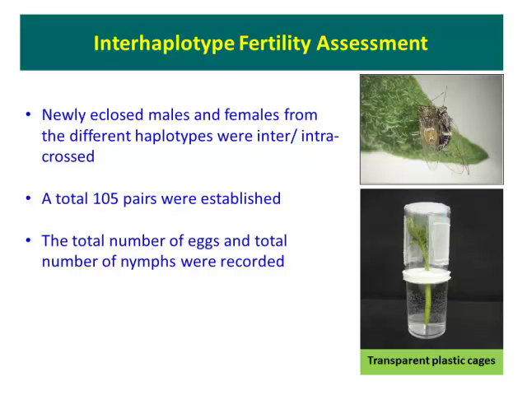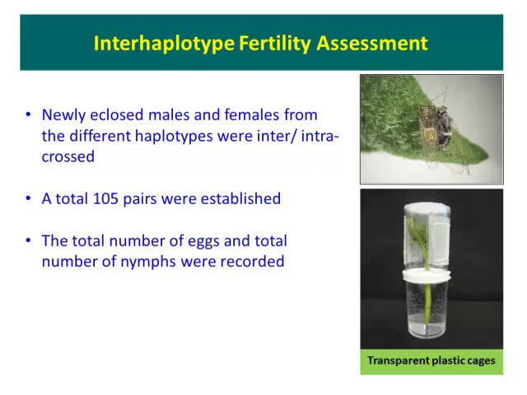For this experiment, we collected newly eclosed virgin males and females from the three different haplotypes, and their inter- and intra-haplotype crosses were made. All these newly eclosed females were unmated.